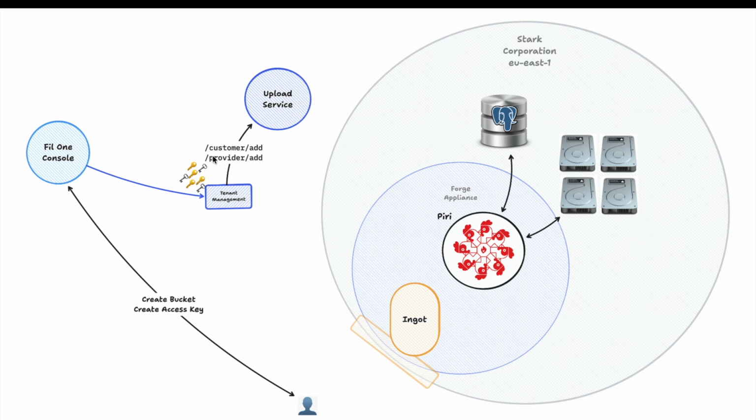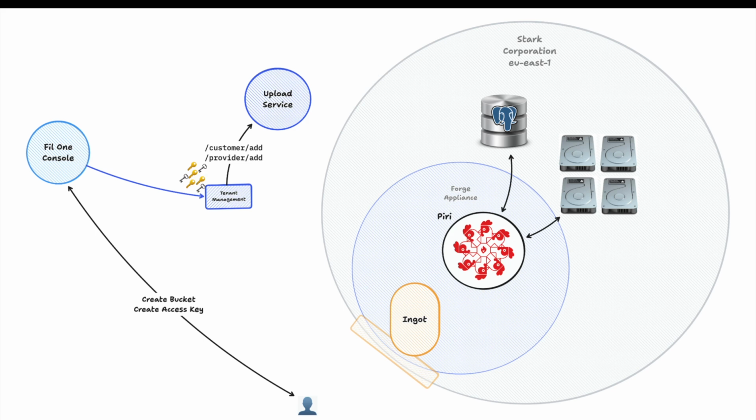So it does two basic things, which are create a customer. The Forge network has the idea of a customer or a user who is paying for storage, but it also has the idea of buckets. In Forge, we call them spaces, but they're basically the same thing.